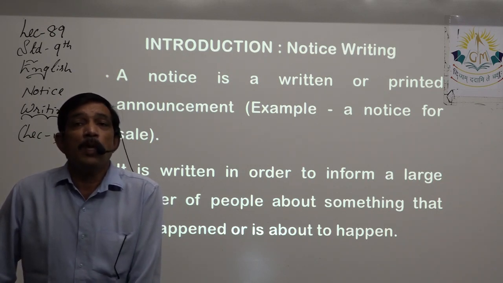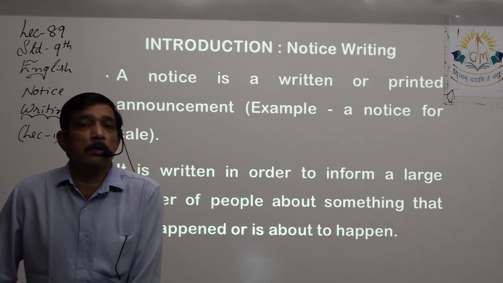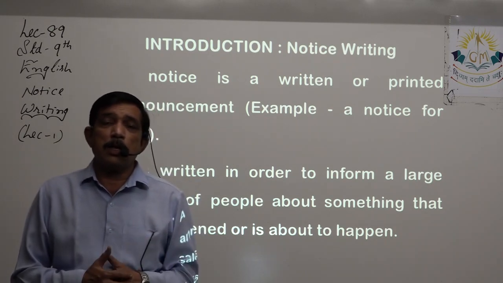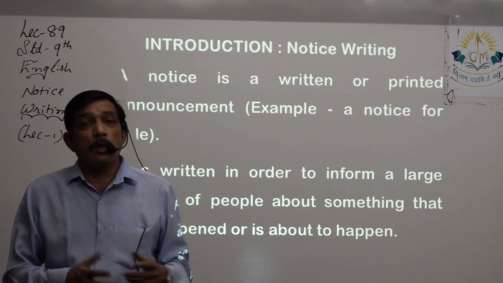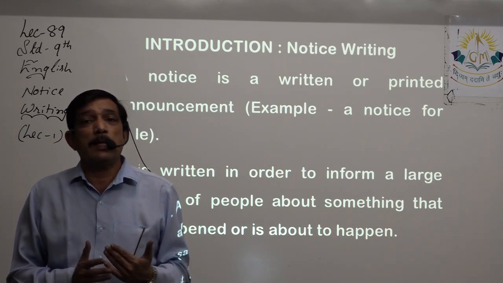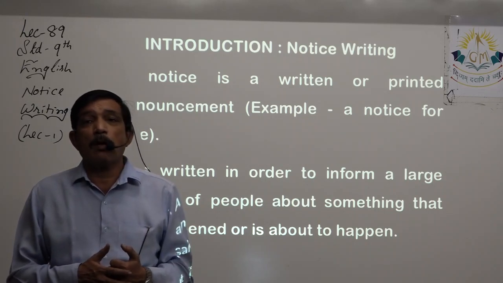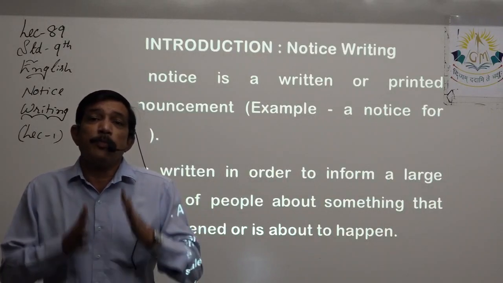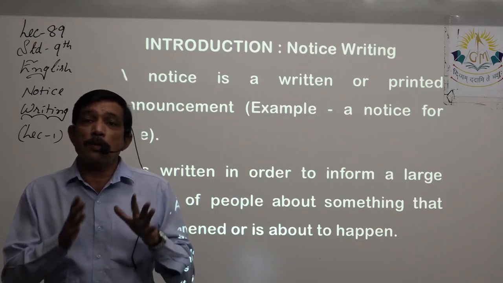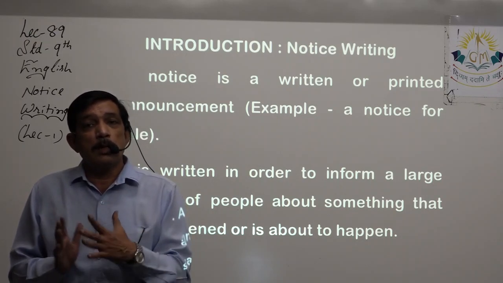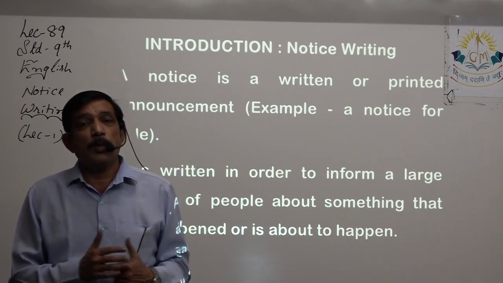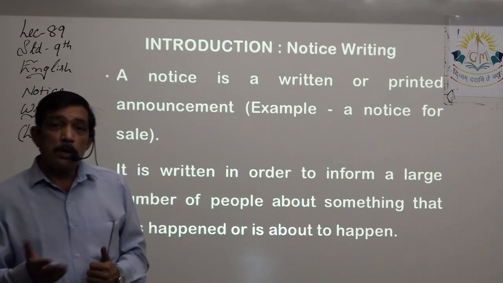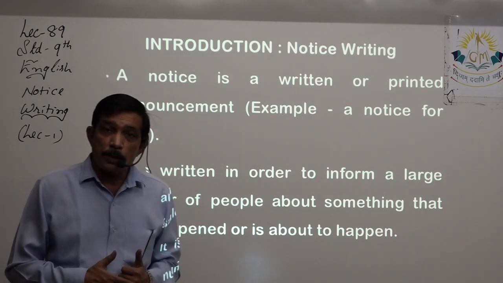Either the clerk who is kept for taking the notices, or the secretary of that society or that particular wing of the flat, is responsible for writing the notice on the display board, or drafting a notice, getting it printed and displaying it on the notice board, so that residents of that particular wing or society come to know about this notice when they pass by, and they can read it and know the new announcement that is made.